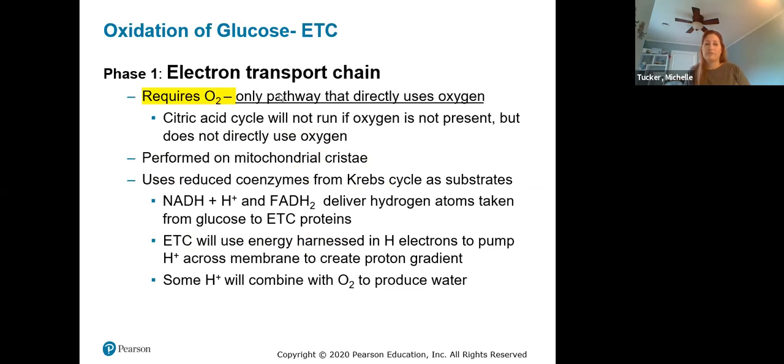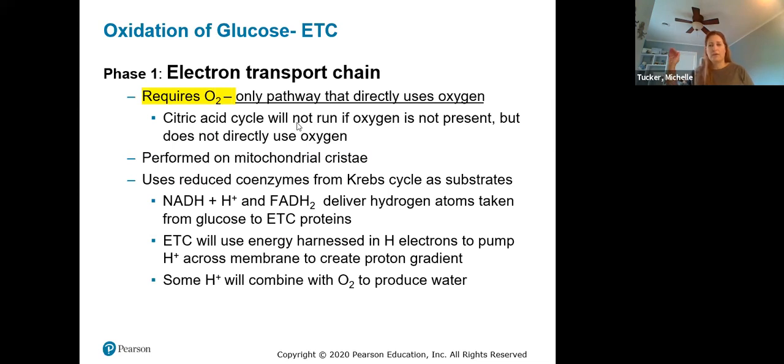The electron transport chain requires oxygen. This is the only pathway that actually directly uses oxygen. And this is because, if you go way back, glucose ends up broken down to the end products of carbon dioxide and water. This is where we need that oxygen to produce water.